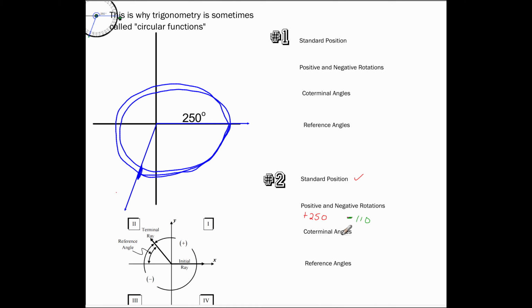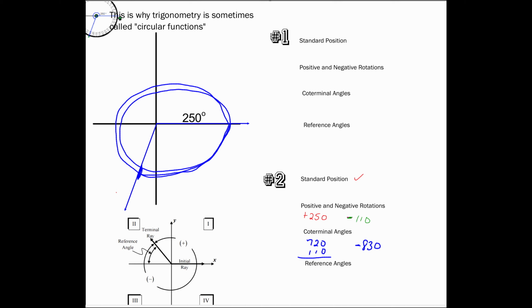Well, that's another coterminal angle. So I went 720, two full circles, and then another 110 degrees, so I went 830 degrees in the negative direction. And either way, I stopped. Now you're thinking, why would you do that? You passed it twice. Just telling you that can be done.